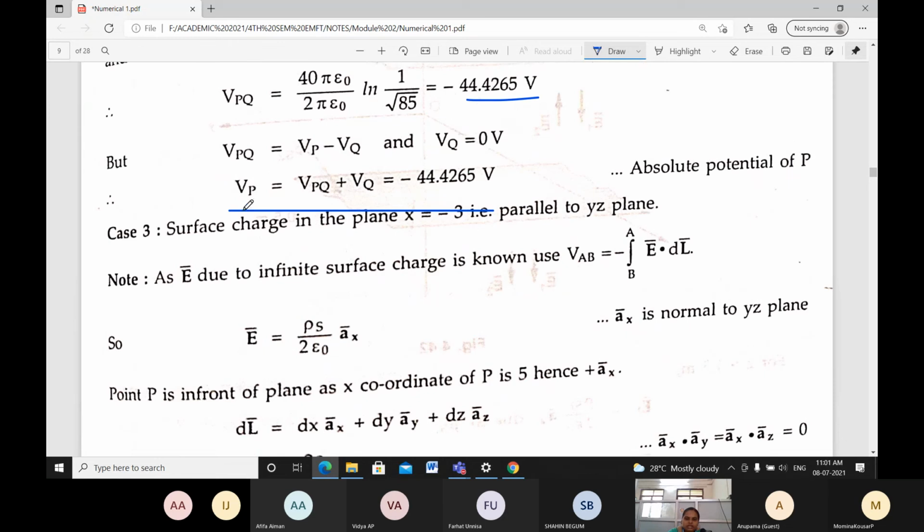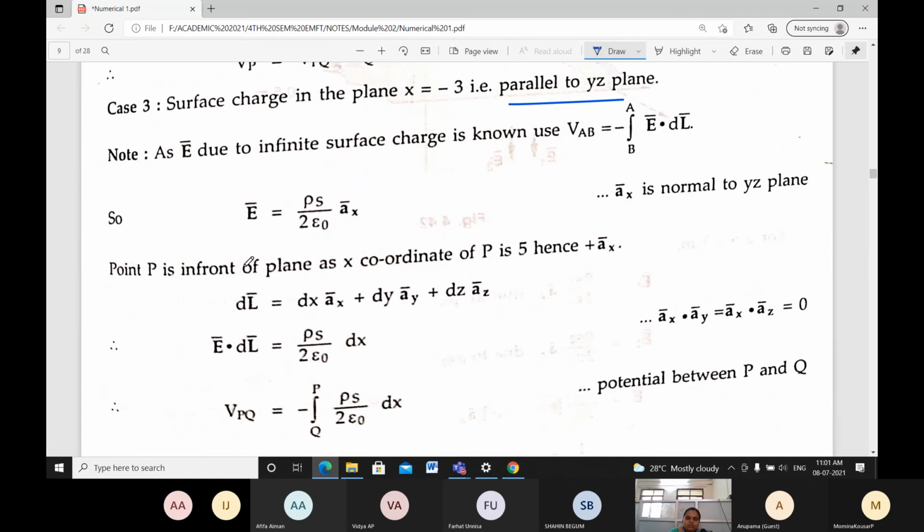Then the third case is the surface charge in the plane x equals minus 3, where it is parallel to the yz plane. This is how it is shown. Here a small note: as E due to infinite surface charge is known, use the equation VAB is minus integration B to A E dot dl.